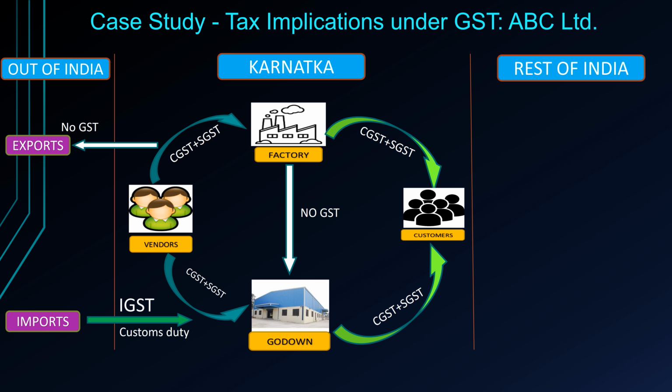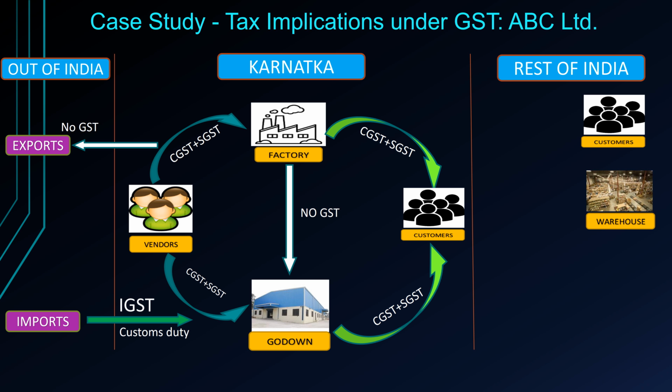Now there could be transactions of ABC Limited with persons situated in any other state outside Karnataka within India. It could be with your own godown, branch or warehouse situated outside Karnataka, or with a customer outside Karnataka.